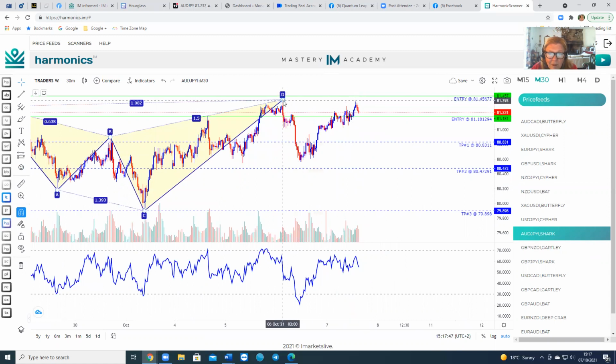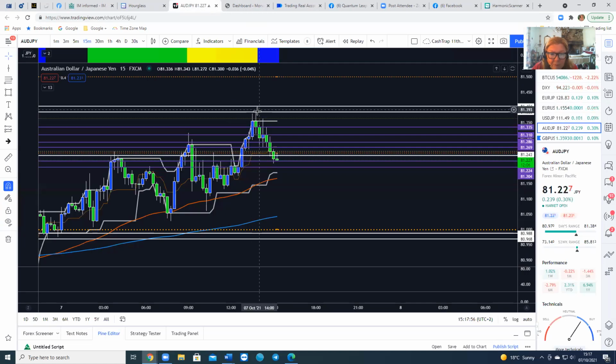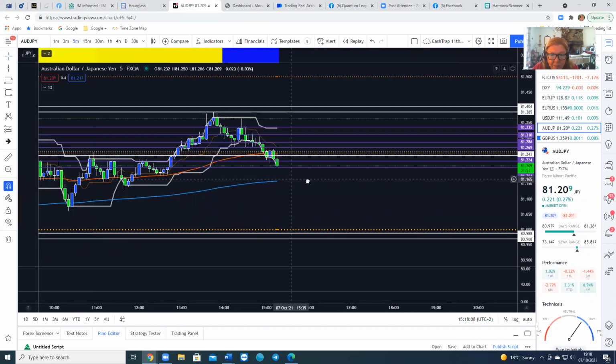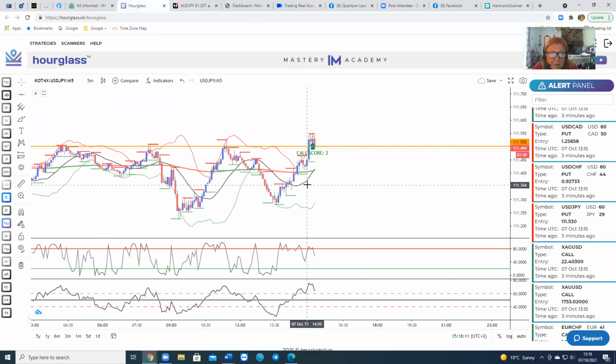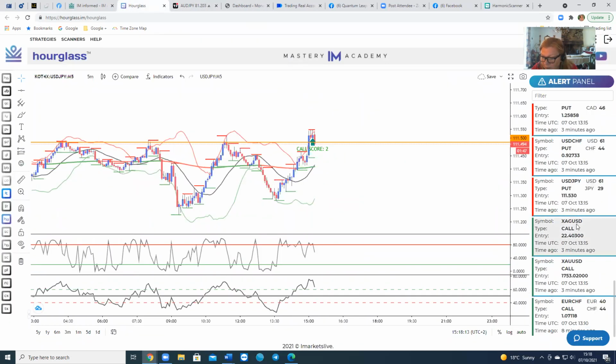So the D point was actually at that 402 level, 402. So that's that current one. So it is coming down again now. Let's go to the 15-minute and have a look at HourGlass on HourJPY.